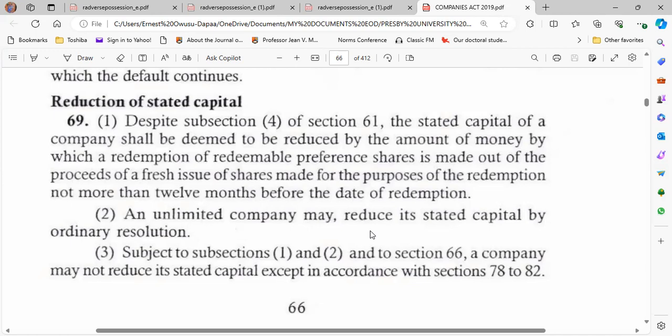Since it has some shares which have not been issued, for the singular purpose of getting money to finance or fund this redemption, it can actually issue those shares and make money.